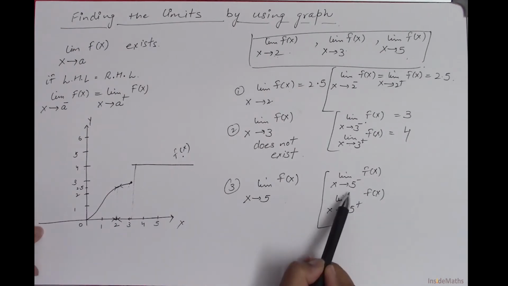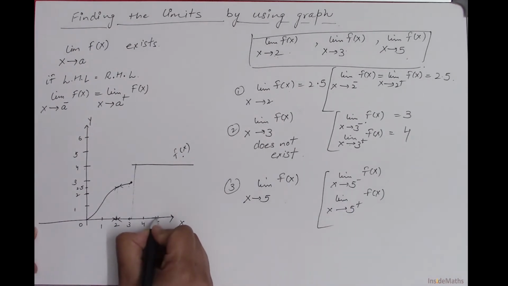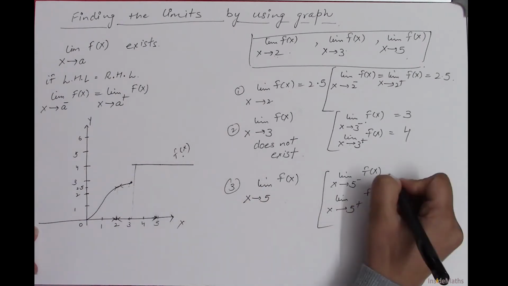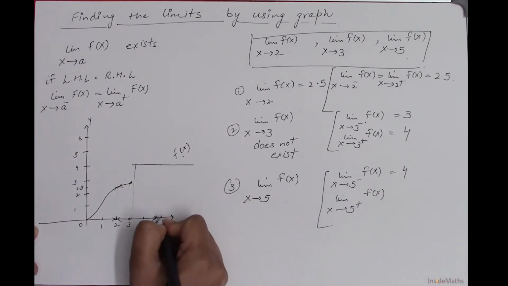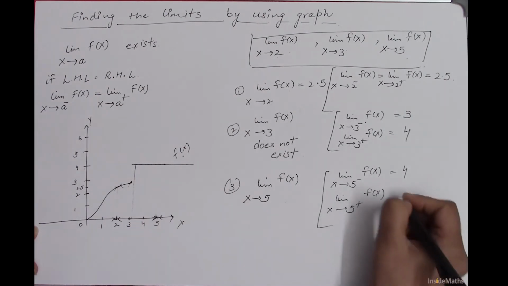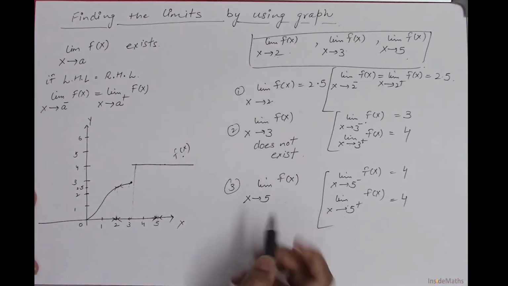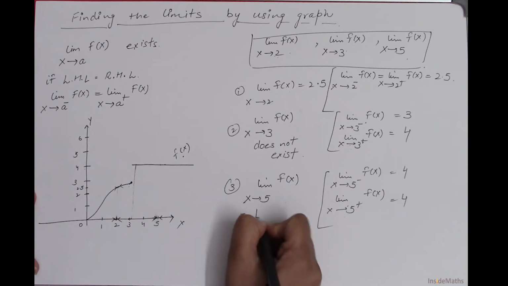Now when x is approaching to 5 from the left side, that means here x is approaching to 5 from this side, then f of x is approaching to 4. When x is approaching to 5 from the right side, that time also f of x is approaching to 4. That means if these two limits are equal, then limit x approaches to 5 f of x is 4.